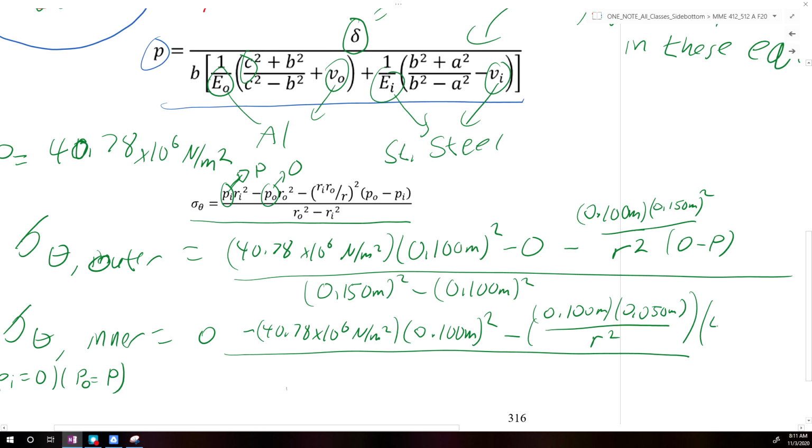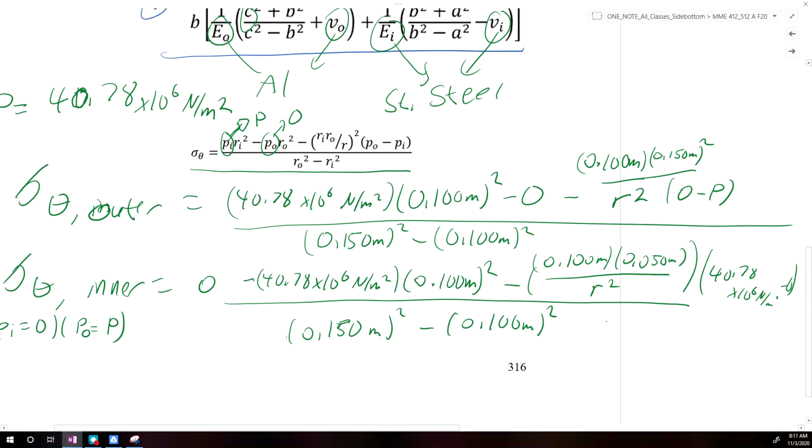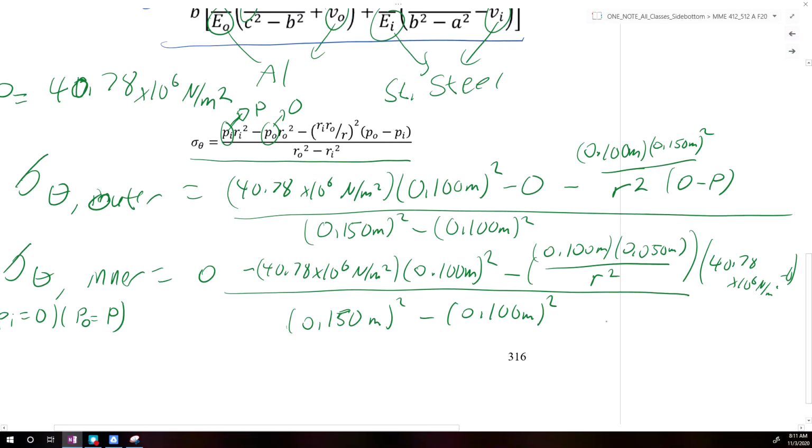The external pressure would be 40.78 times 10 to the 6th newtons per meter squared minus 0. This would be divided by 0.150 meters squared minus 0.100 meters squared. Sorry, this should be 0.100 minus 0.05 meters.